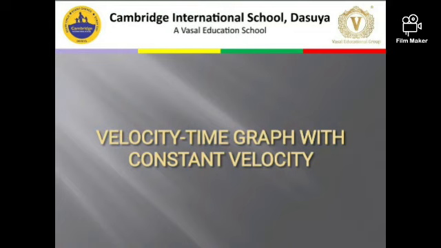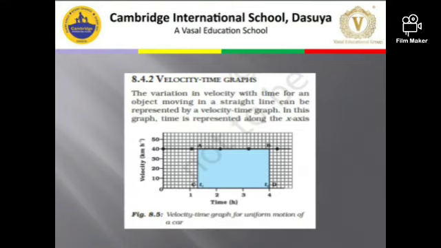Then we did the velocity time graph with constant velocity. Here we have taken the velocity as constant as the time keeps on increasing, but the velocity level is at 40 in the given graph. So it's not changing, so it is constant velocity. For this, we have a straight line parallel to the time axis.